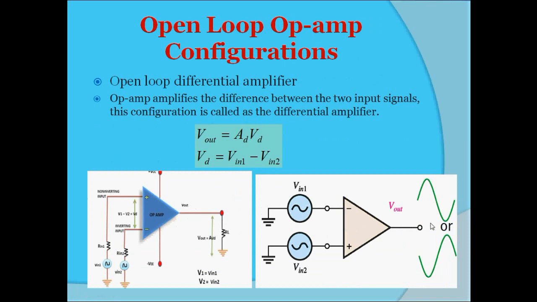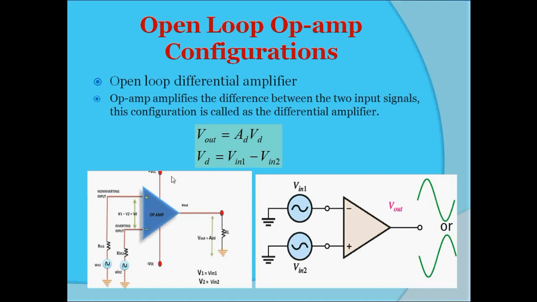The third configuration of the operational amplifier is the differential amplifier, or difference amplifier, as we can call it. The op-amp can amplify the difference between the two input terminals. This configuration is called a differential amplifier.